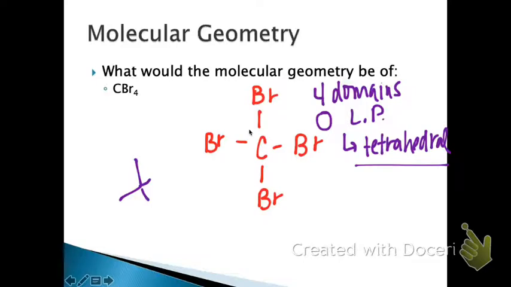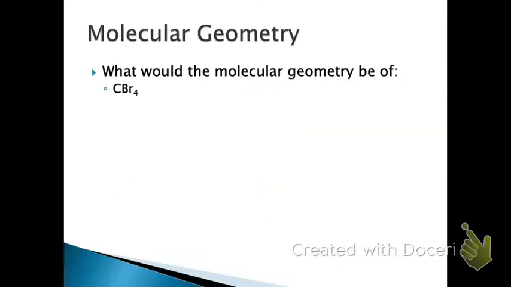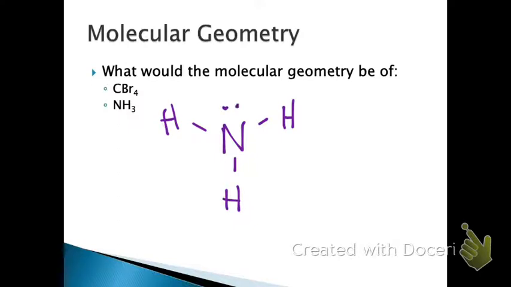Okay, what about NH3? I drew the structure for this just a little bit ago, and I think it looks something like that.